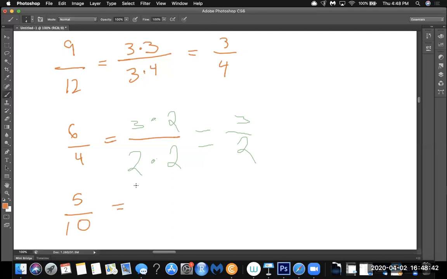What can we break 5 into? 1 times 5 is correct. Write it down.